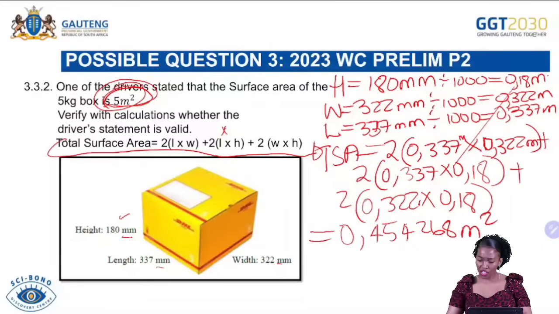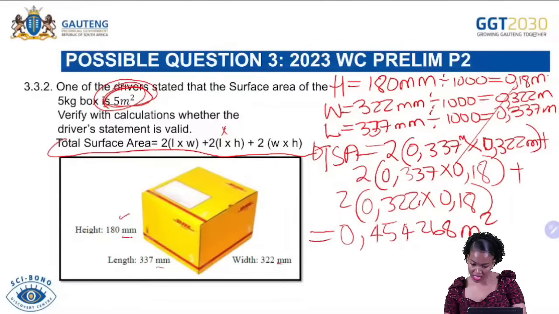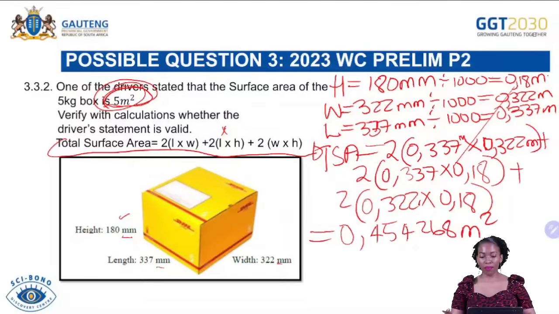I hope my calculations are correct. I didn't miss anything. So the first one, it is 2 into 0.337 times 0.322 plus 2 into 0.337 times 0.18, yes, plus 2 into 0.322 times 0.18. Yeah, I think I'm correct.